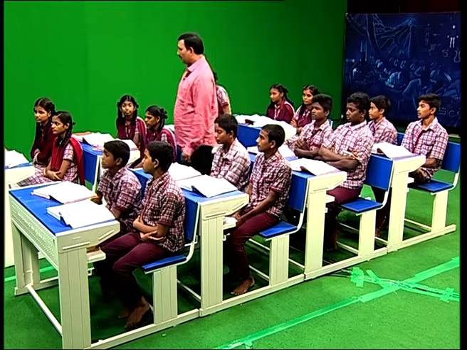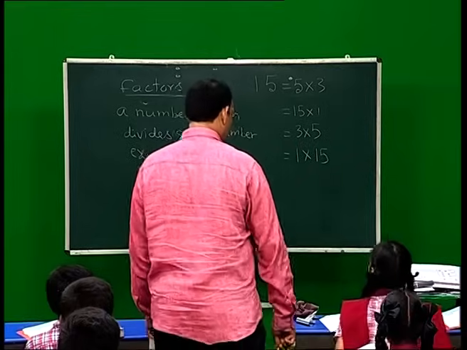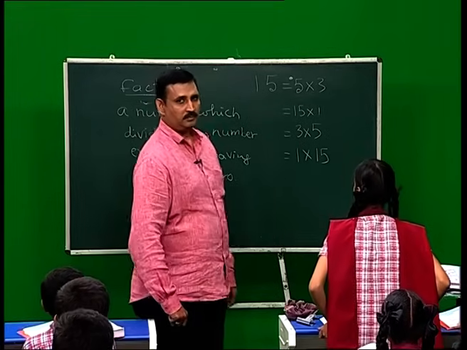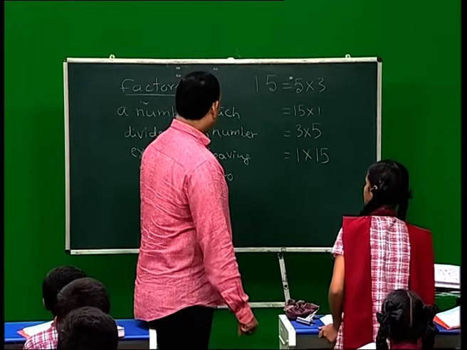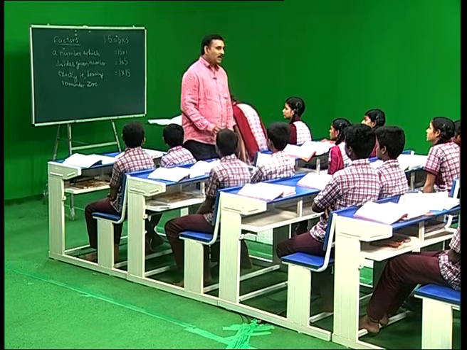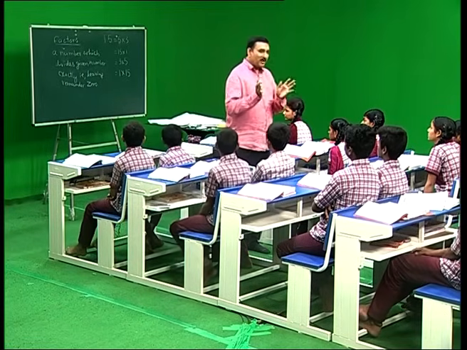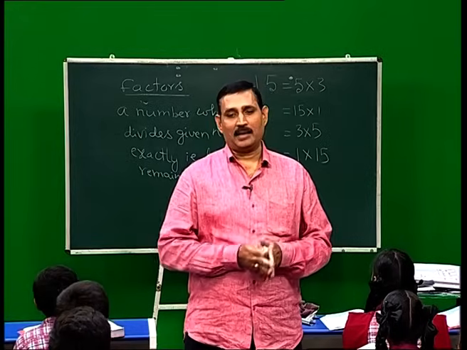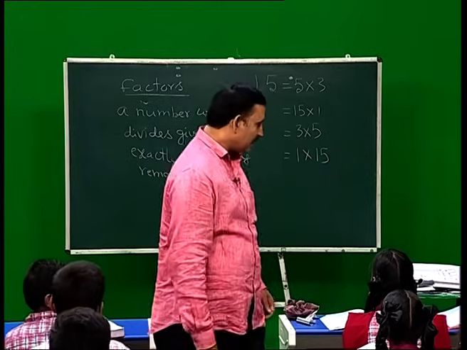Very good. Any number you take, when do we say it is a factor? If you divide the given number with that number and the remainder is 0, we call it a factor. Is it clear? Yes, sir.